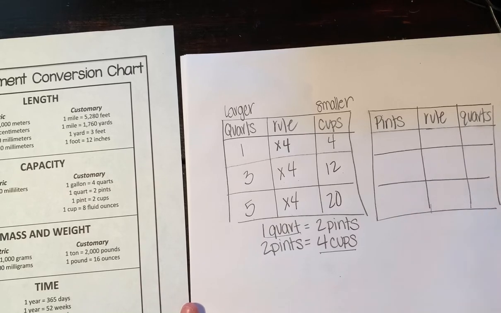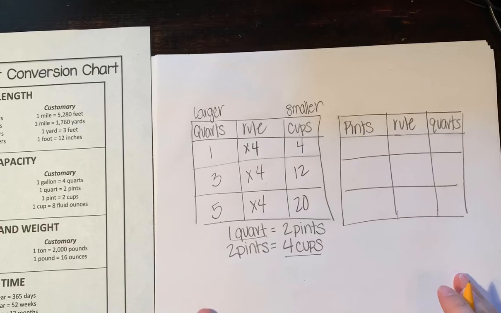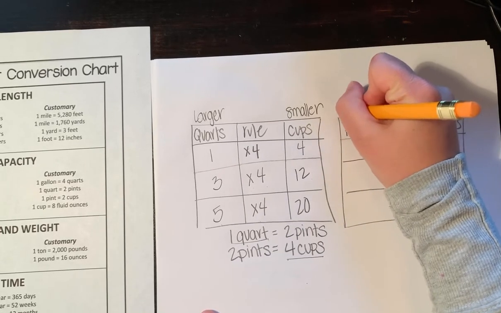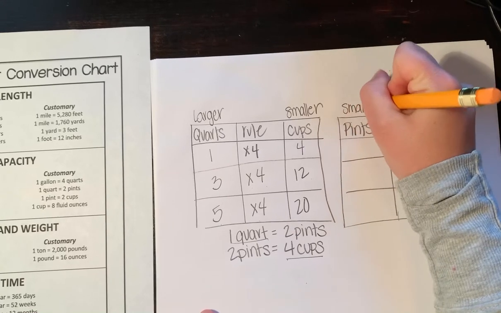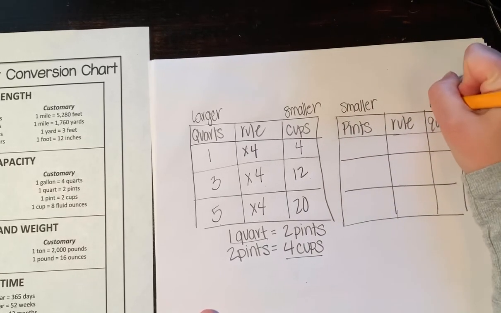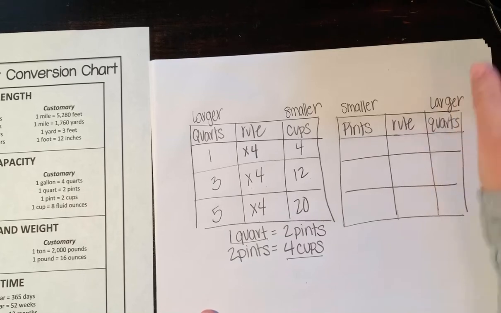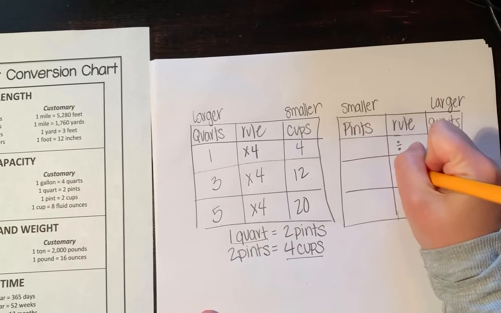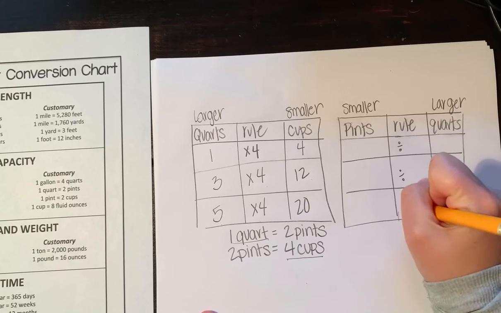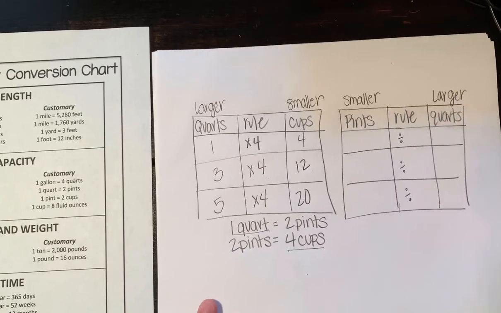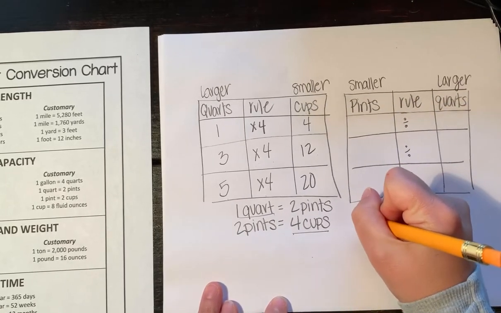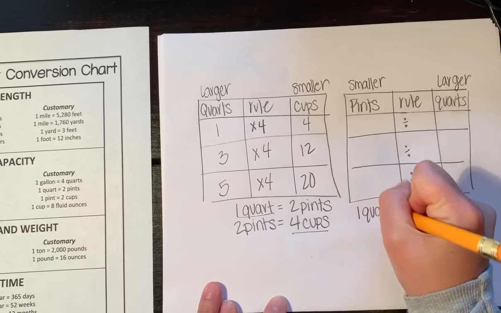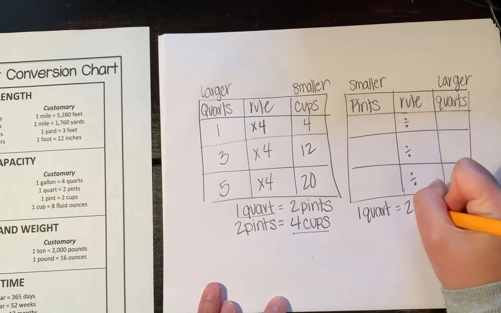When we look at this chart, I know my pints are smaller than quarts. So that's going to be smaller, and quarts is larger. So when I'm going from smaller to larger, I'm dividing. So 1 quart equals 2 pints.